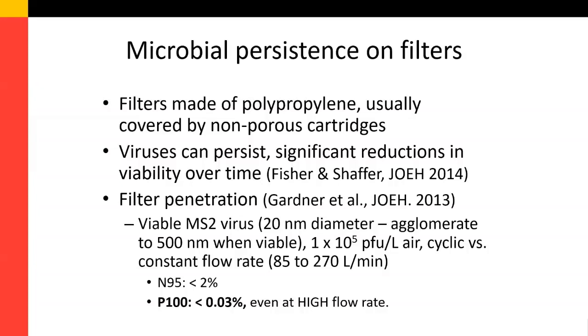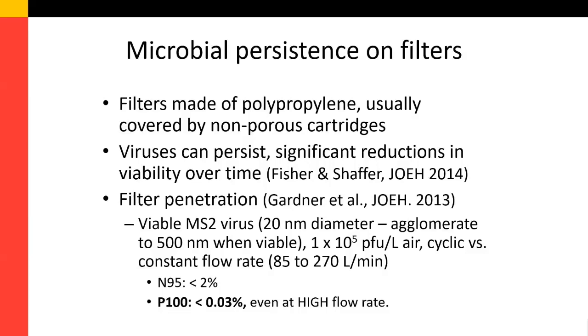What about filter penetration? I think the best evidence on this has come out of Gardner et al. from 2013, where they studied viable MS2 virus, which is often used to simulate respiratory protection studies. This virus is 20 nanometers in size, but when it's alive, it agglomerates to 500 nanometers.